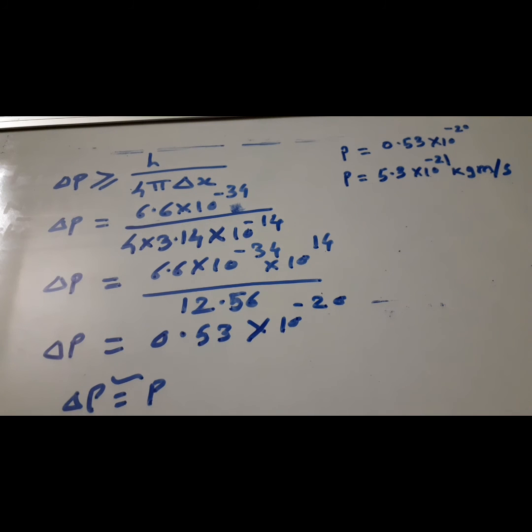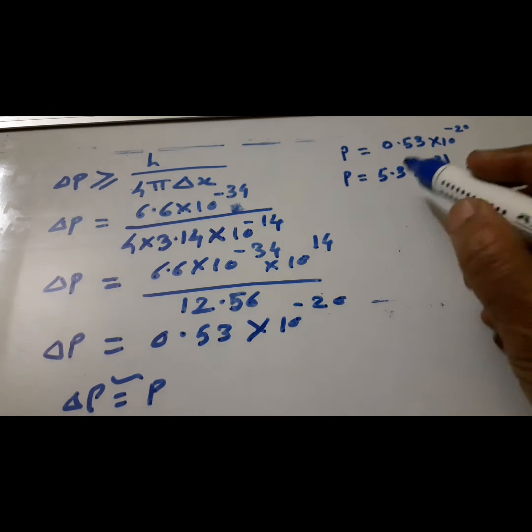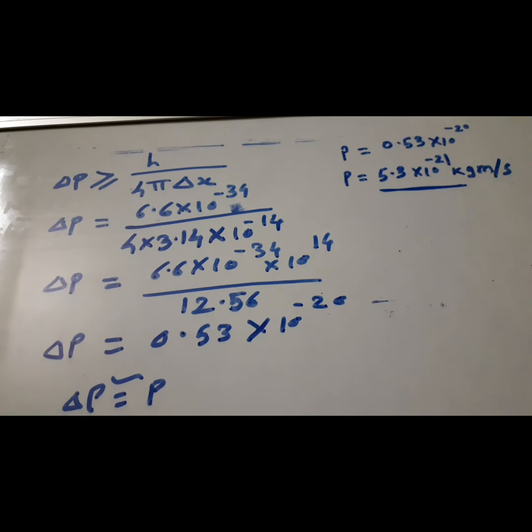From this equation, the total momentum of the electron in the nucleus must be at least 5.3 into 10 to the power minus 21 kg meter per second.